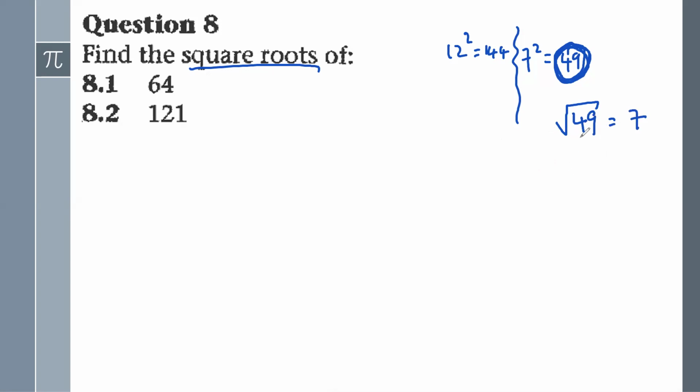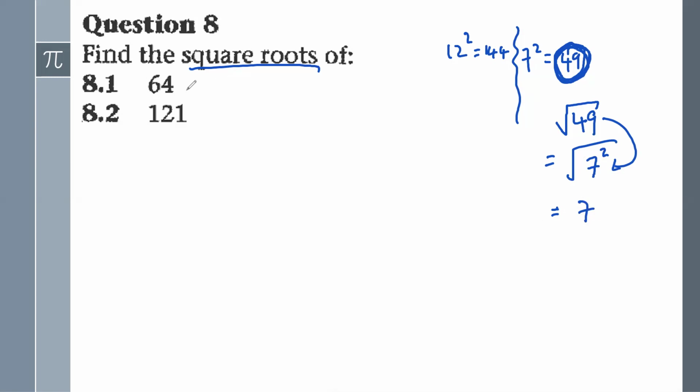Maybe to give it more depth and understanding, we need to actually be able to write a number as a power of a number, or as a power of 2, let me put it that way. So we write 49 as 7 to the power 2. And so that becomes a 7.